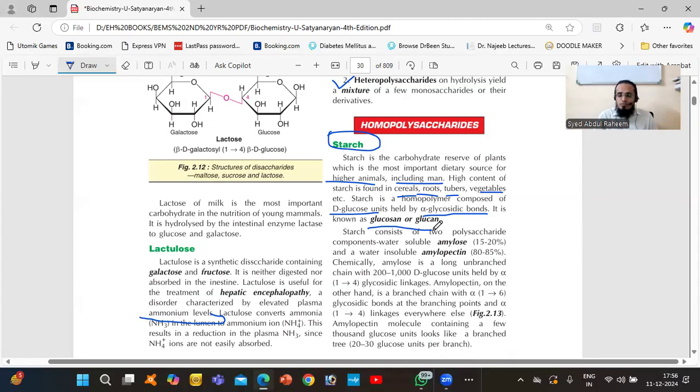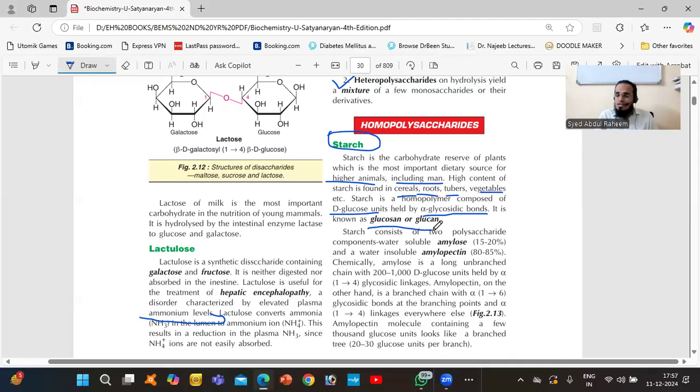Whatever we are consuming, we name it as the starch of those carbohydrates. Starch is a homopolysaccharide, in which we get the same type of molecules belonging to the same plant, same family, but their levels are increased.